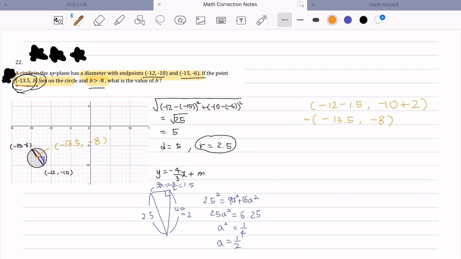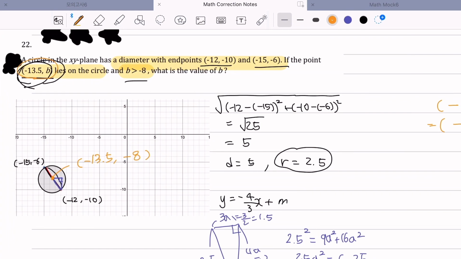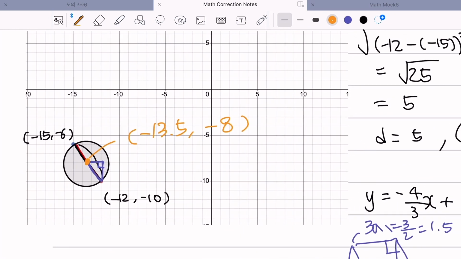But now we obviously know that this is the center, but the value of b couldn't be the same as the y of the center, because b should be greater than -8. So that means since the x value is -13.5, the point could be either here or here, right?